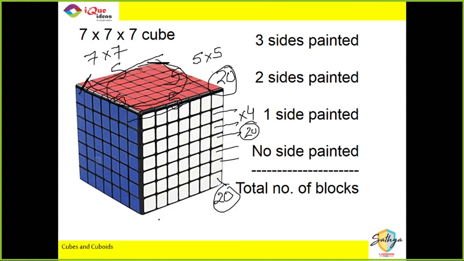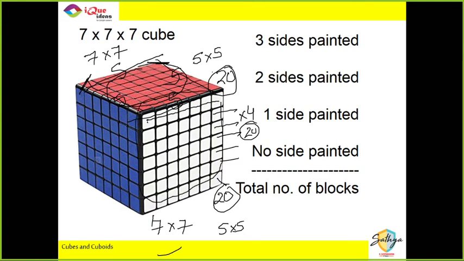Do you agree that the entire face is 7 by 7? So if you eliminate all the edges, it becomes a 5 by 5. Shrikar, look at this 7 by 7, this is the entire 7 by 7.